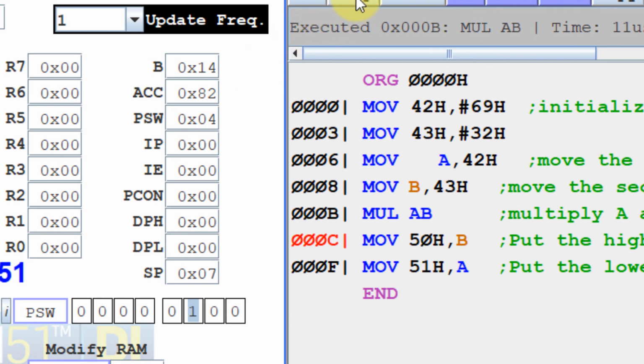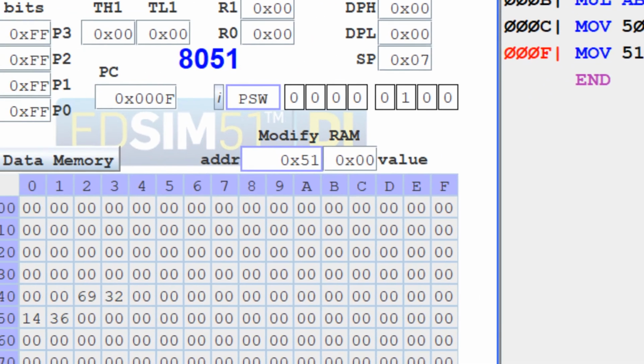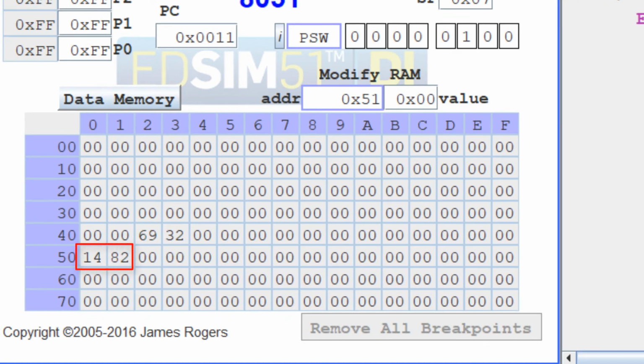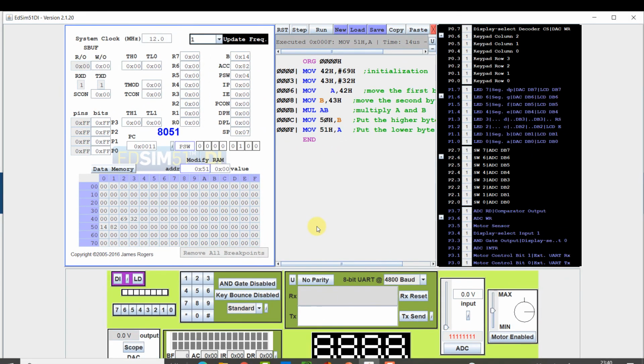Now we can place these 16-bit results in 50H and 51H. So the result is 1482. Multiplying 69 by 32 gives us the result 1482. So I think that explains the multiplication instruction.